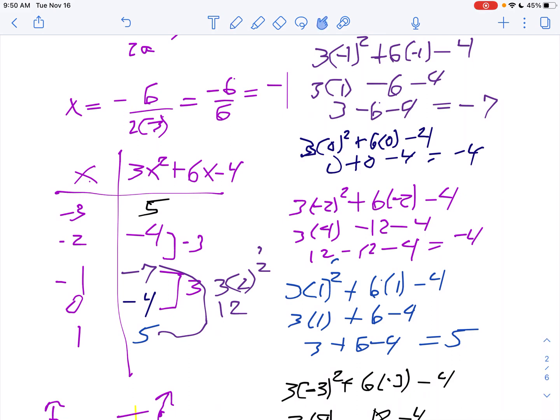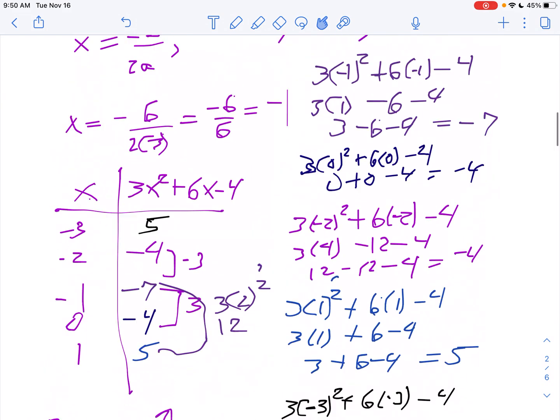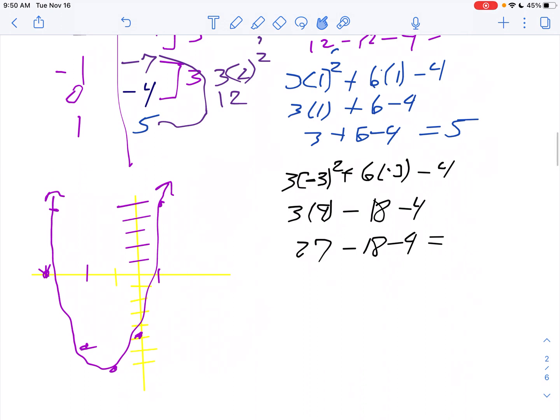So now we've done, let's see if we've answered the question. I've made the table. Now let's state the domain. My domain are my x's. I can put any number in the world for x, and I'll find a corresponding point on the y, won't I? So my domain is going to be all real numbers.